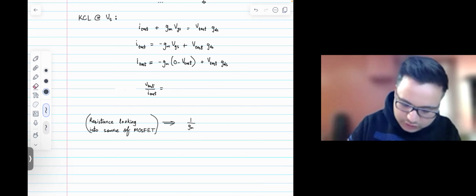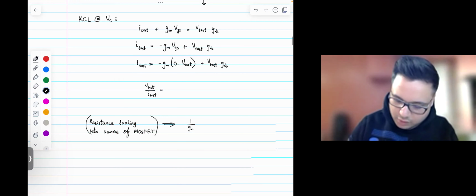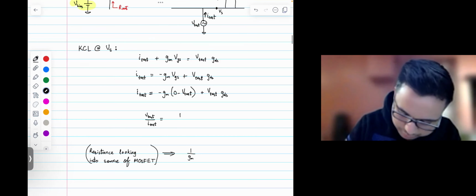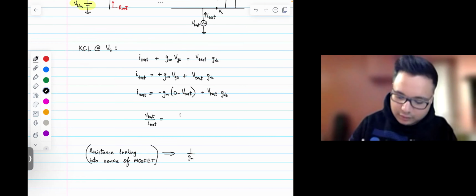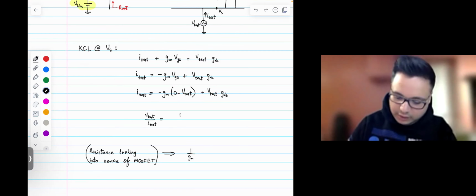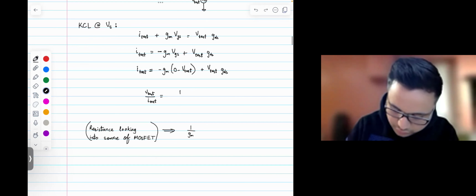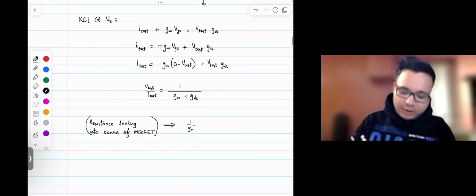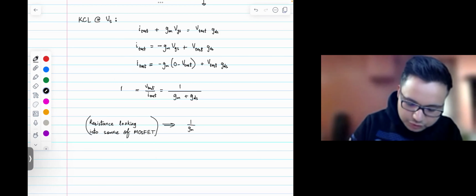So in other words, I can write down that Vtest over Itest would be something, sorry, I missed the sign here. So that should be, oh yeah, no, that's right. That's the negative sign, and we can write 1 over gm plus gds. So that's the Vtest over Itest, and that is equal to Rout.